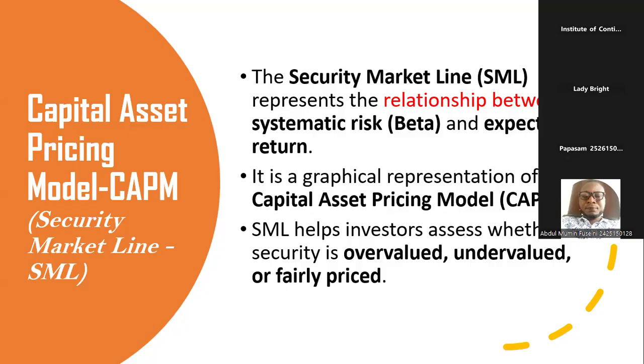Let me put it that way. And it's called the capital asset pricing model, CAPM. And then when you are using the table, there's a graph for it. That is where it is called the securities market line. That is when the graph comes into play. But the theory itself is the capital asset pricing model.